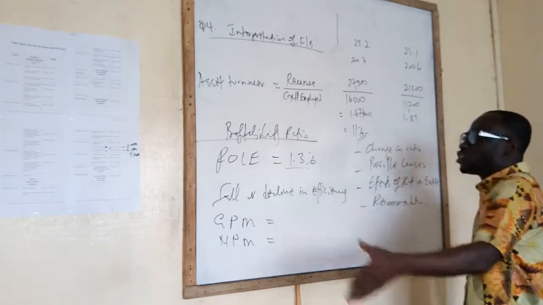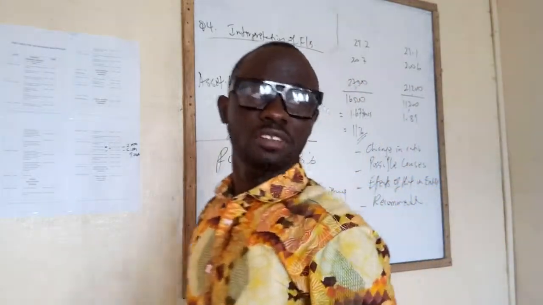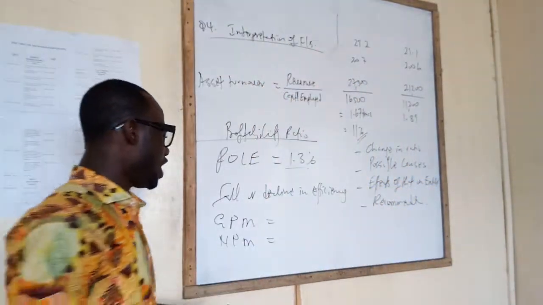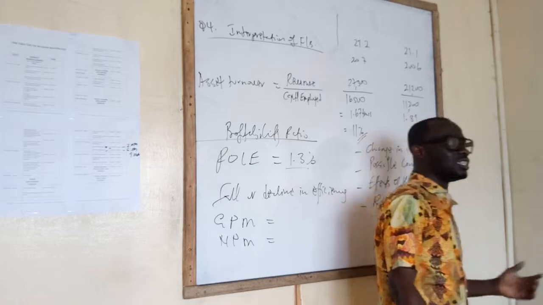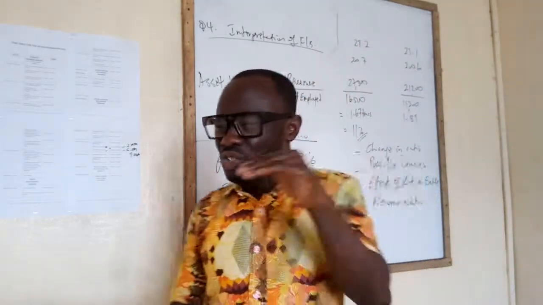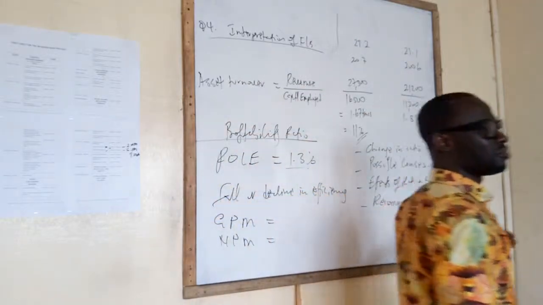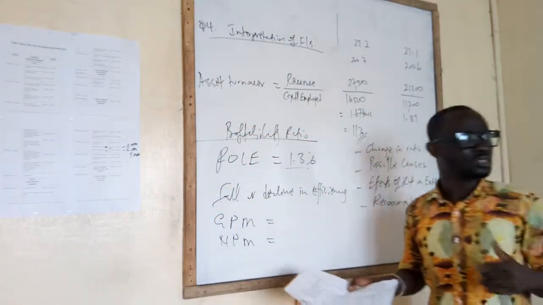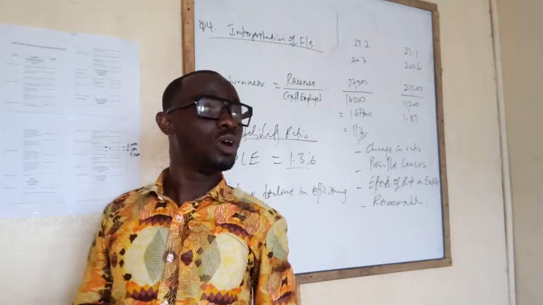And this can be attributed to what? If there is no substantial change in your gross profit margin and net profit margin, it didn't increase, it didn't fall, it is almost the same, what can it be attributed to?